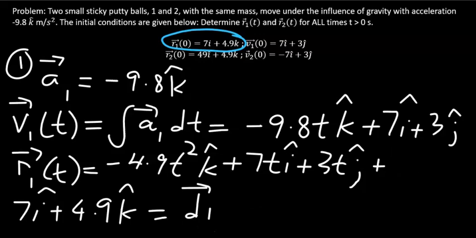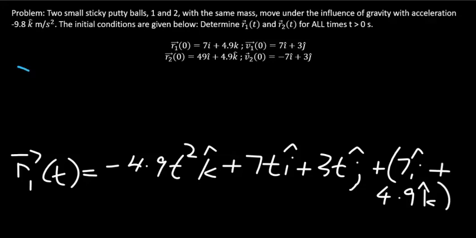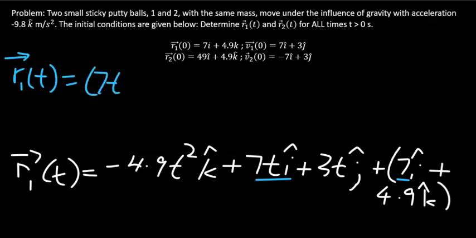Substituting in here, we get 7 i hat plus 4.9 k hat. So let's rewrite this expression. The position vector of ball 1 at any time t equals, there are two i terms, let's combine them, (7t plus 7) i hat.